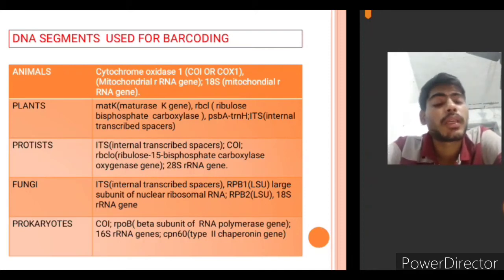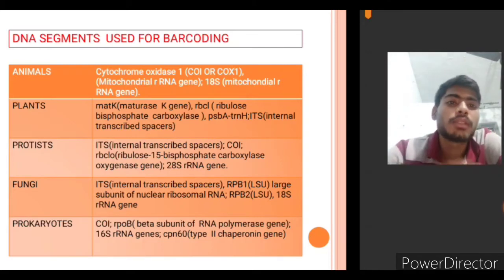Similarly, in the case of plants we use matK, that is maturase K, and rbcL, ribulose bisphosphate carboxylase, and for protists, the internal transcribed spacer, that is ITS, is also used for DNA barcoding. Similarly for fungi we also use ITS, and in the case of prokaryotes we mainly use 16S rRNA genes.